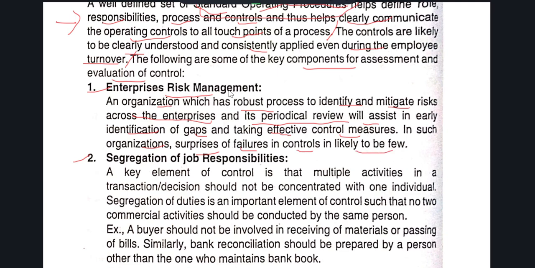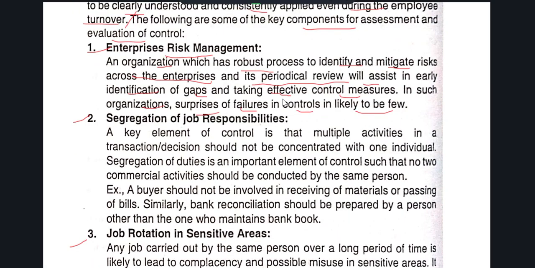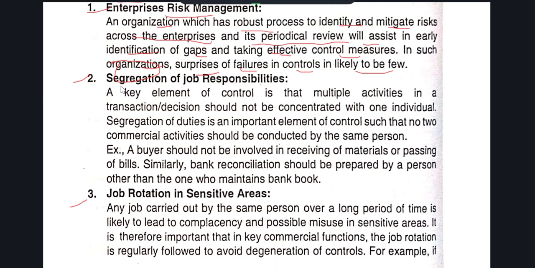So the company has a robust process to identify and mitigate risk. Not only that, they periodically review what is happening, say every 10 days. And if they find any gap or mistake, they will rectify it soon. When they do that, they will have good operations.